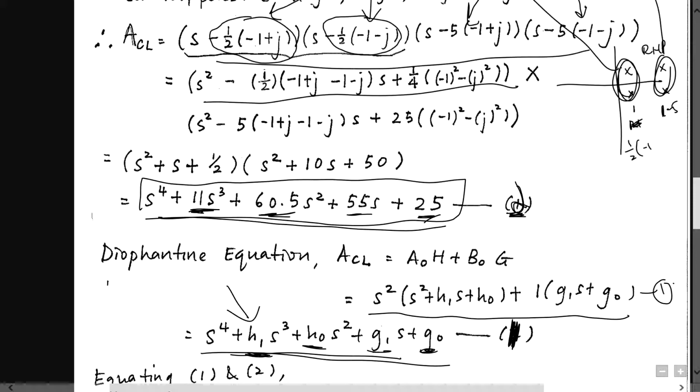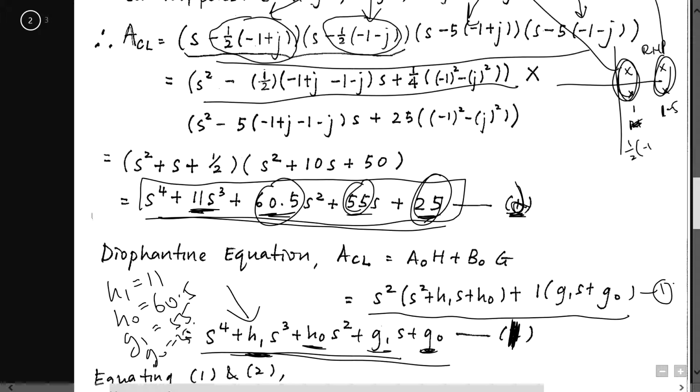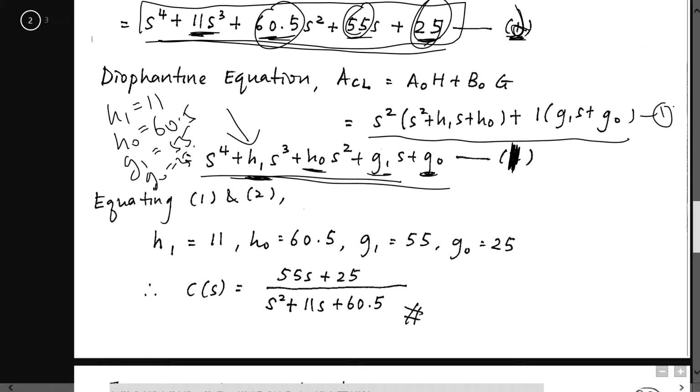And therefore I can simply write H1 is equal to 11, H0 is equal to 60.5 because it's over here, and then my G1 is equal to 55, which is over here, and 25 is my G0. Then I can simply sub back into my transfer function. These are all the things written over here already.